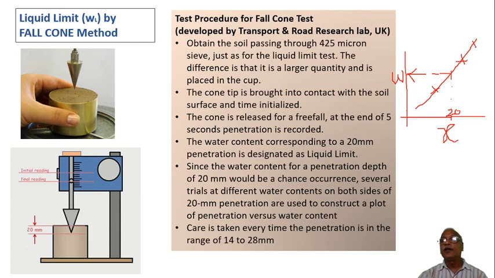So like that you can have number of points, have a straight line, and then afterwards search for 20 mm penetration, what is the water content, and this particular point will be known as liquid limit. That is what this means. The care is taken every time that the penetration is in the range of 14 to 28 mm.